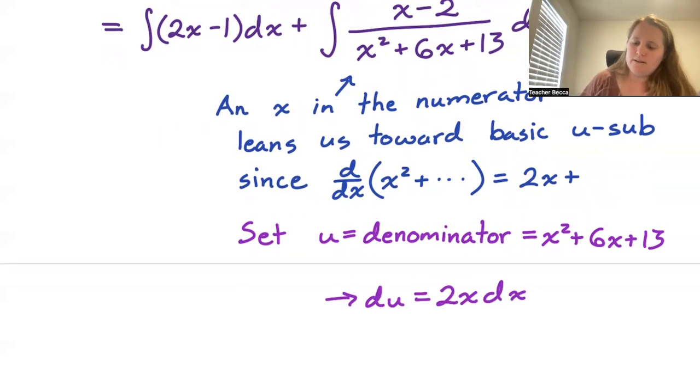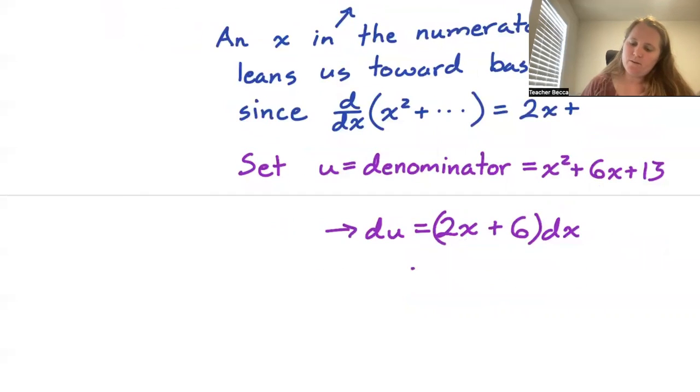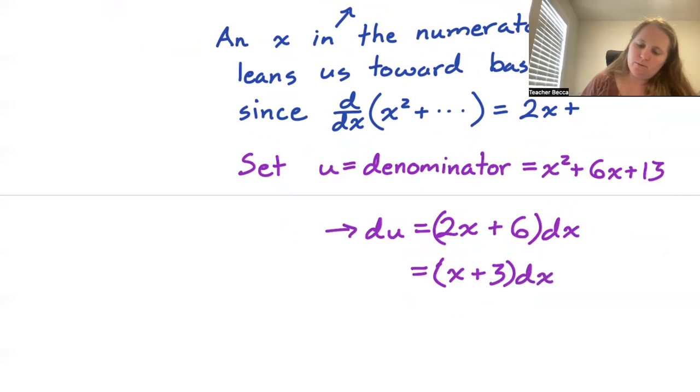Sorry, not 2x dx, I missed the remainder. It is 2x plus 6 dx, or x plus 3 dx is equal to 1/2 du.